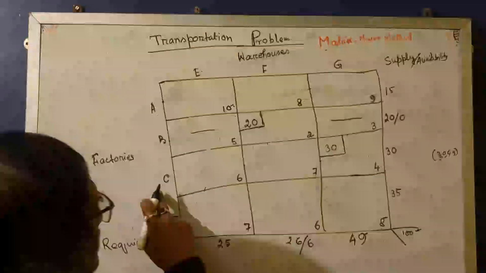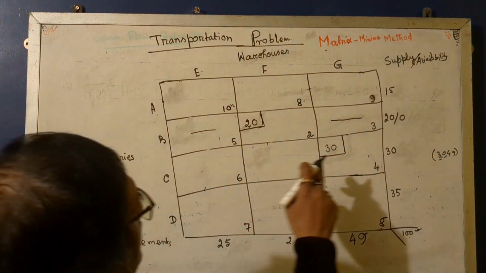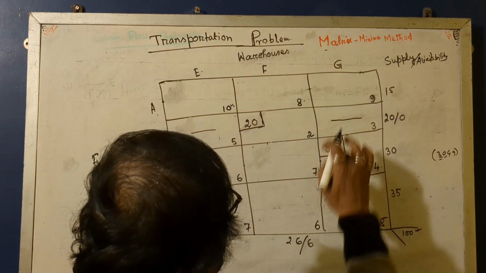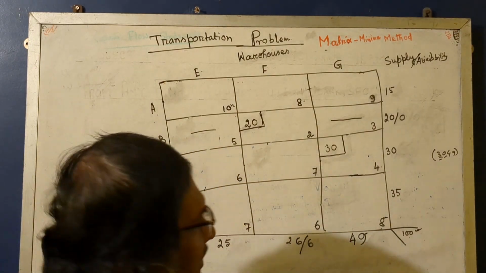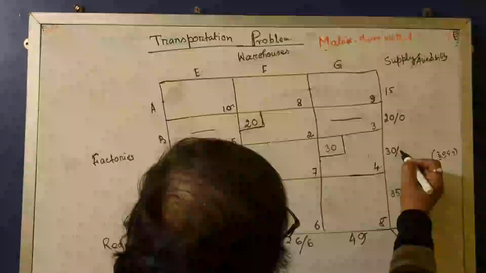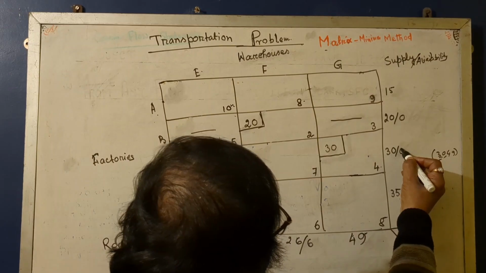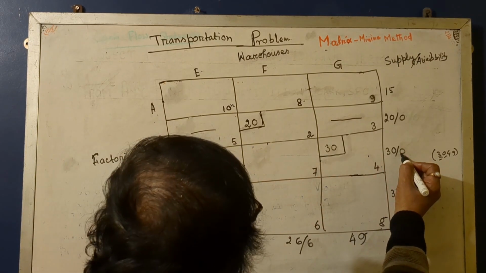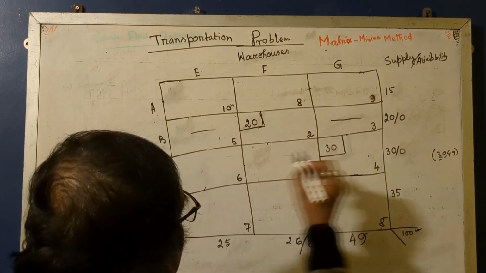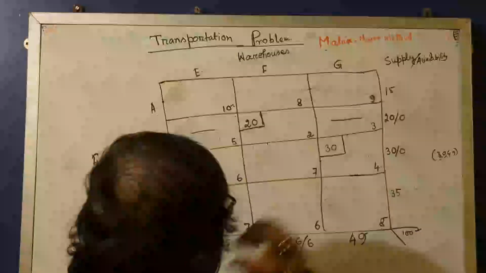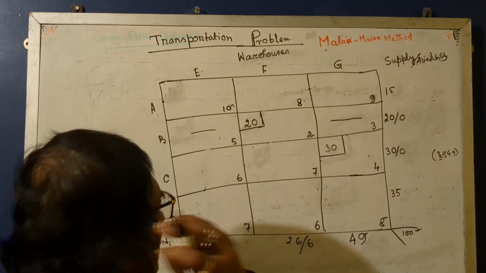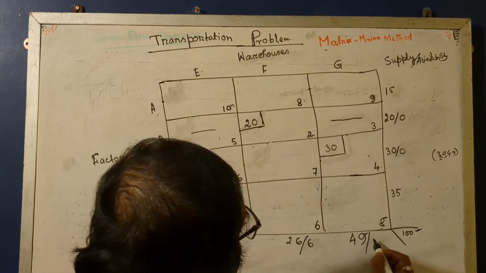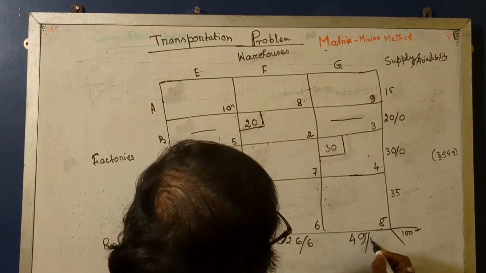That means from factory C, you shift 30 units to warehouse G. Then what will be the remaining units required to be sold? In this case, the production unit remaining for factory C is 0 because the entire 30 units have already been allocated here, and the balance requirement is 19.